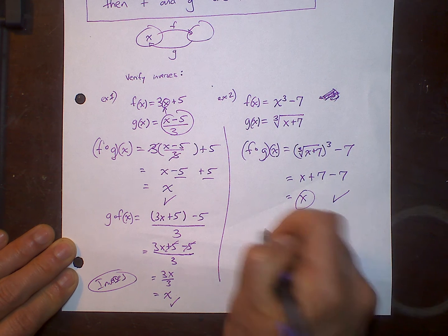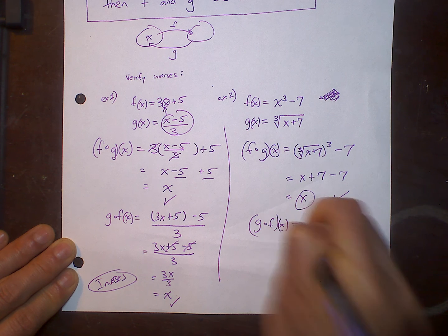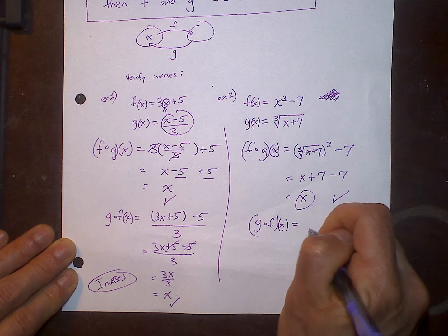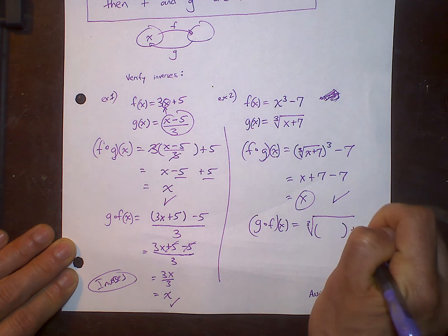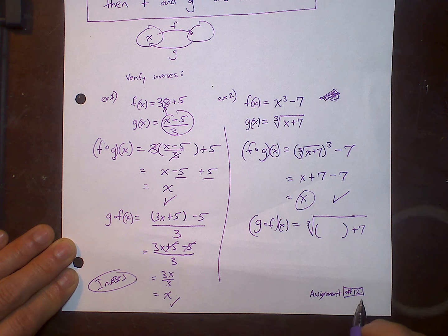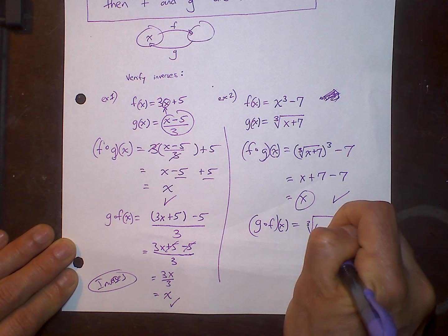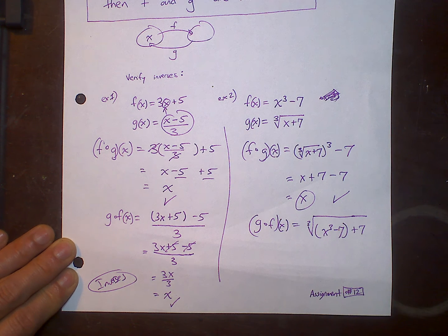Check. G of f of x. This time I am writing the g function as the main function. Leave a blank where the x would be, that is the input, and the f function is substituted inside.